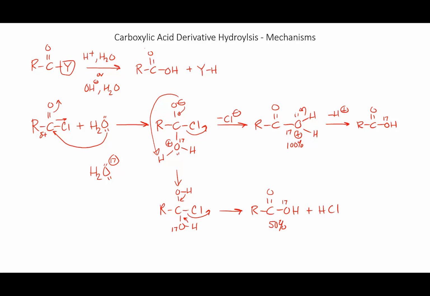Oxygen 17 is very limited within the world. If you did this experiment, you could simply take a mass spec of these products and find out how much of it contained oxygen 17.